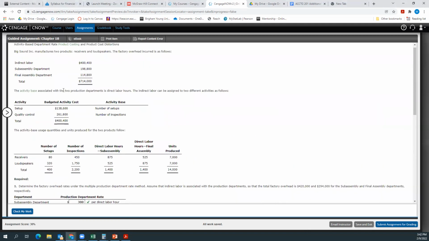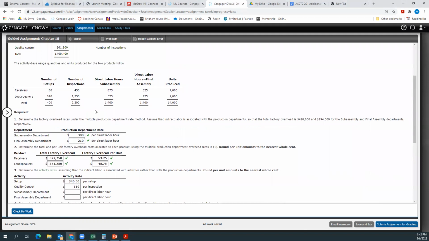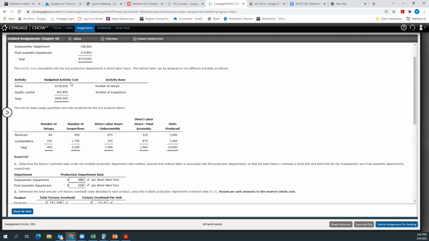And then our sub-assembly overhead costs and our final assembly department overhead costs, it says to use direct labor hours. Okay, so where does it tell us that? The activity base associated with the 2 production departments is direct labor hours.